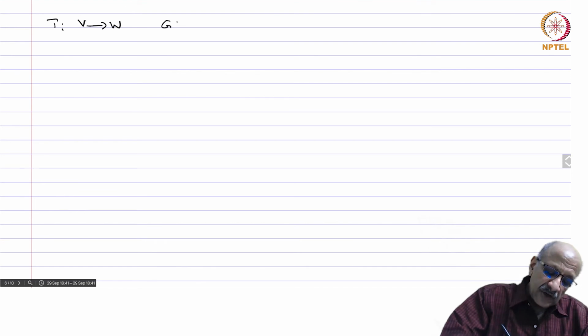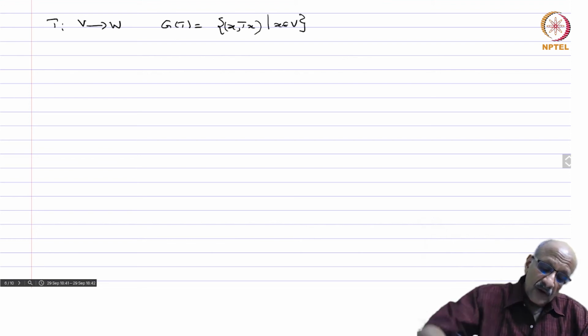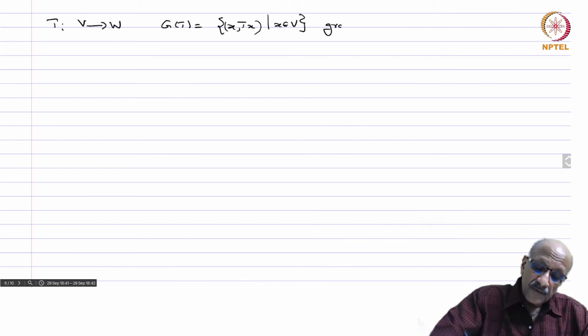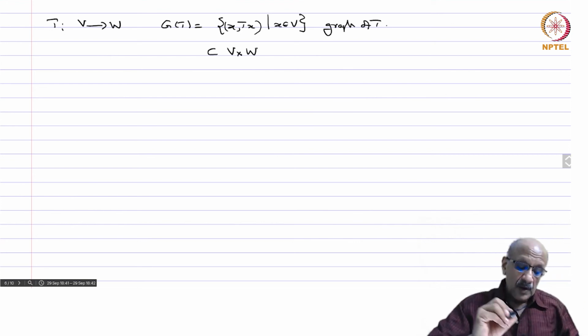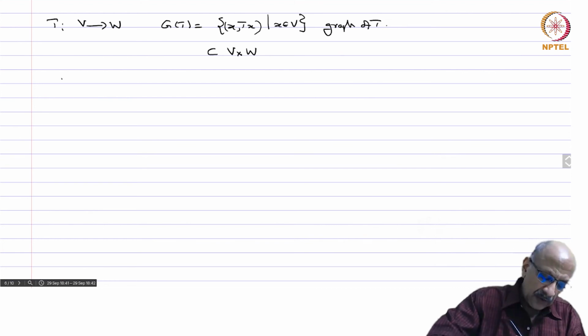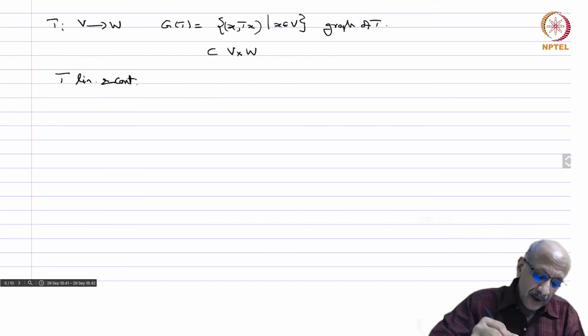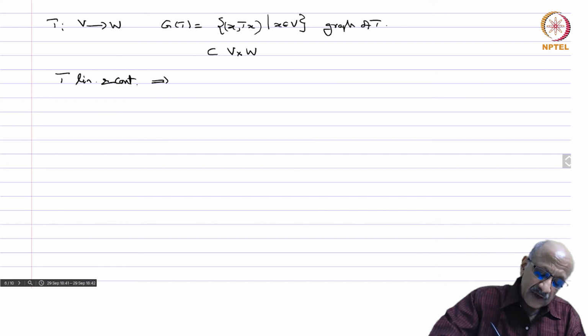We define G(T) as the set of all (x, Tx), x in V. This is called the graph of T. It is a linear subspace of V cross W. Okay, so if T is linear and continuous, then G(T) is closed.